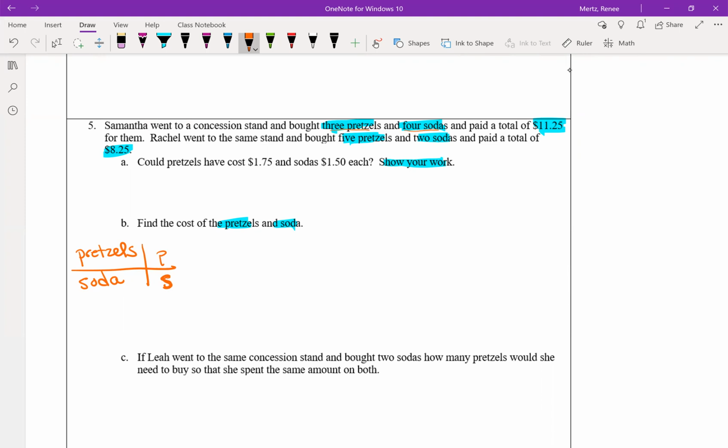3 pretzels, 4 sodas for $11.25. So 3 pretzels plus 4 sodas is $11.25. When Rachel went to the same stand, she bought 5 pretzels and 2 sodas for $8.25. So could the pretzels be $1.75 and sodas $1.50?